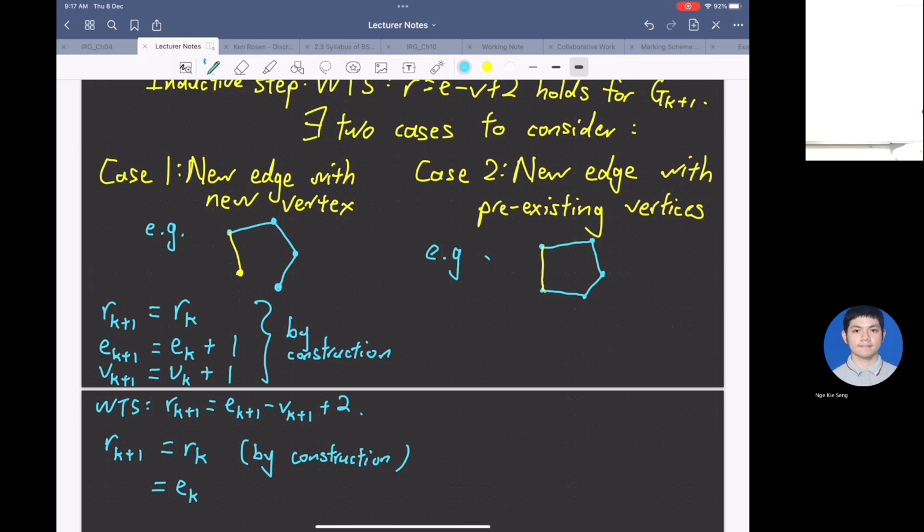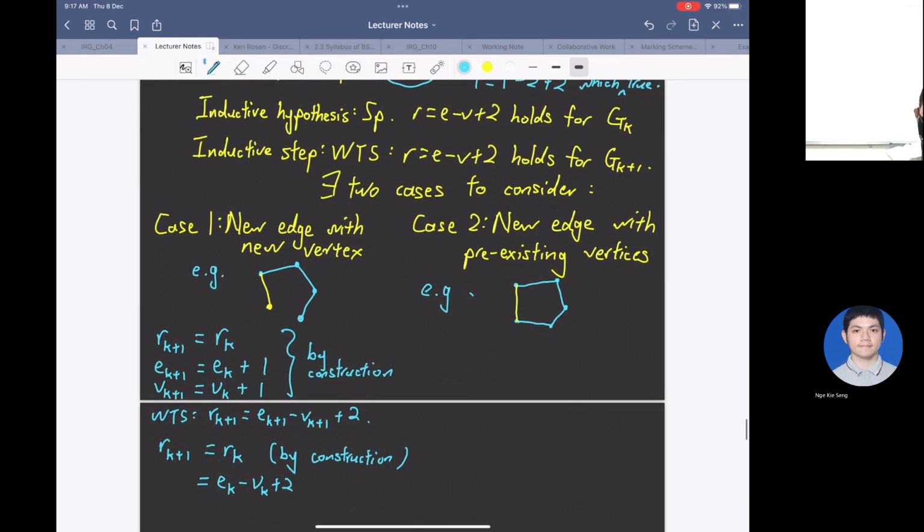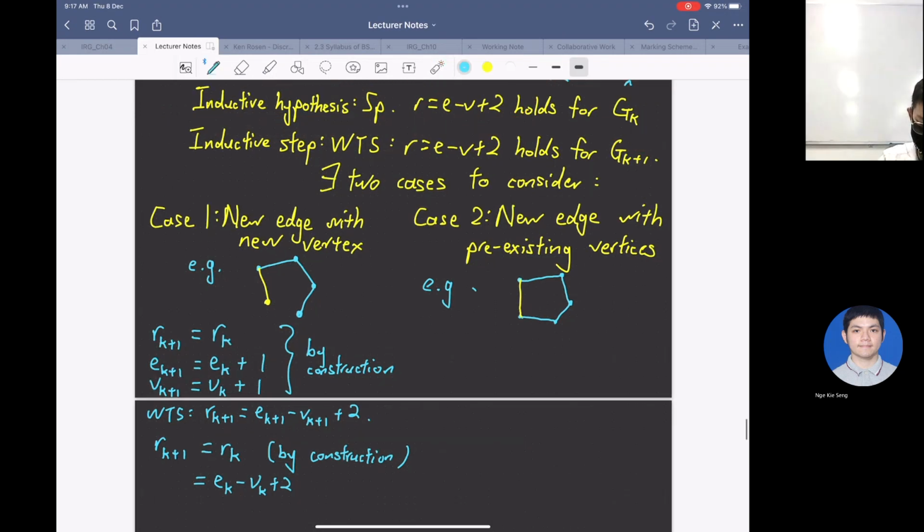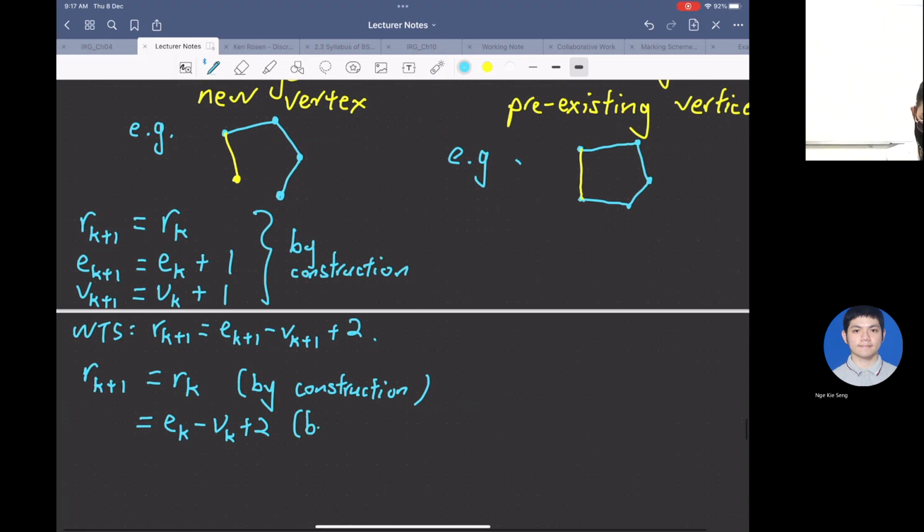Okay, very good. EK minus VK plus 2. So why? By the inductive hypothesis, because this formula holds at the GK stage. So this one is by inductive hypothesis.